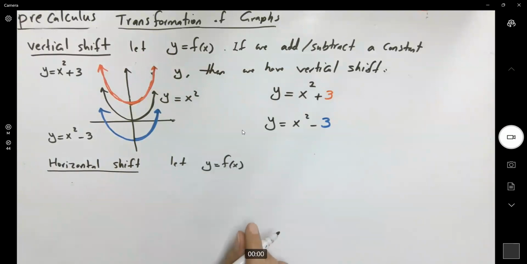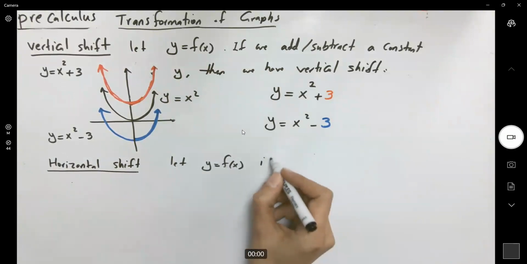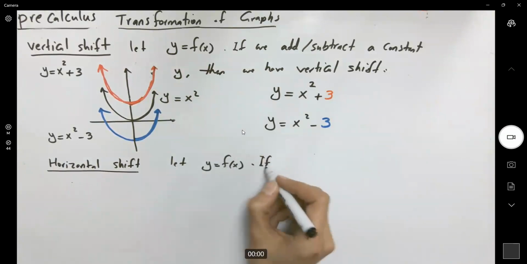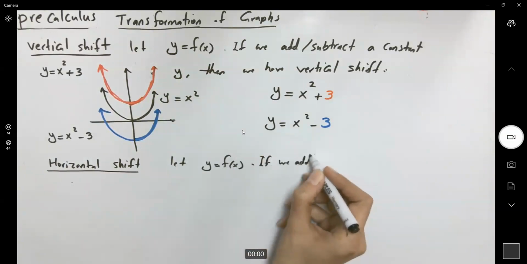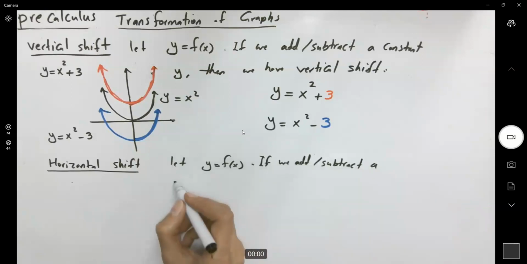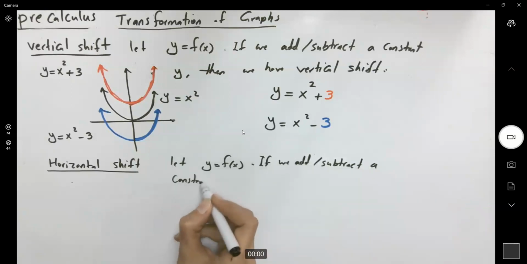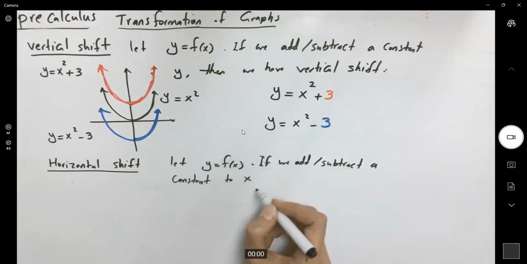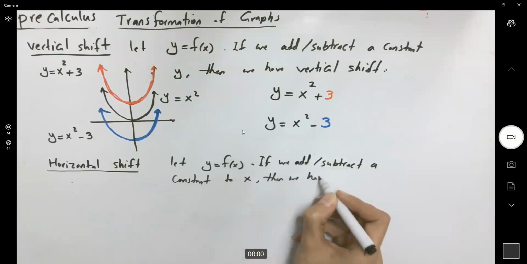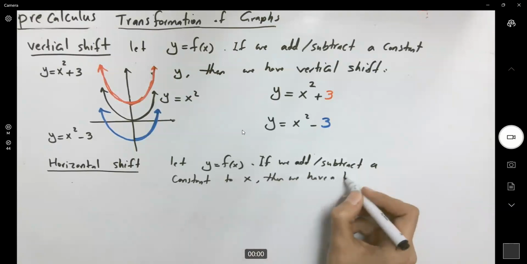If we add or subtract a constant to x, then we have a horizontal shift.